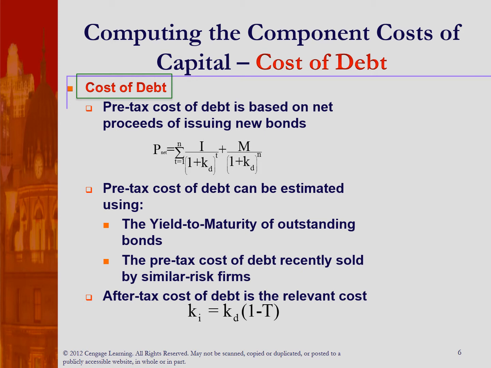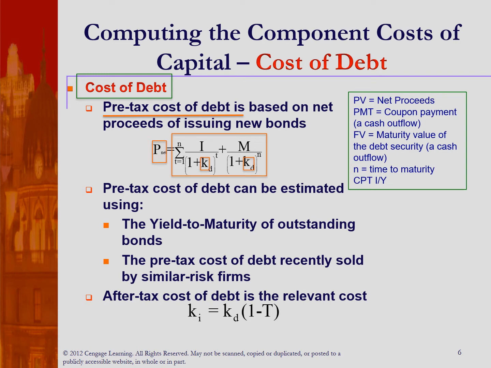Therefore, the pre-tax cost of debt is calculated as the rate of return KD that equates the present value of all expected future receipts to the net proceeds of the debt security. This is actually not something new to learn. It's the calculation of yield to maturity we introduced in Chapter 6.